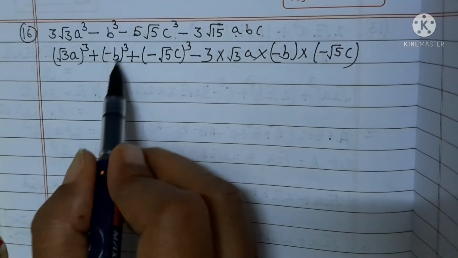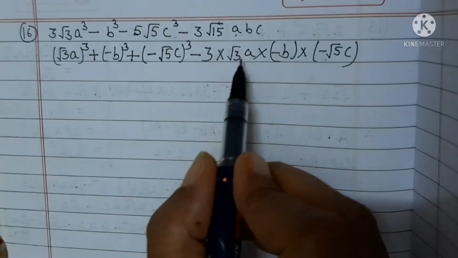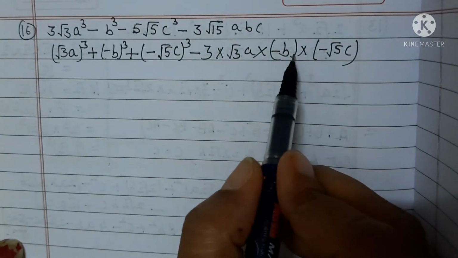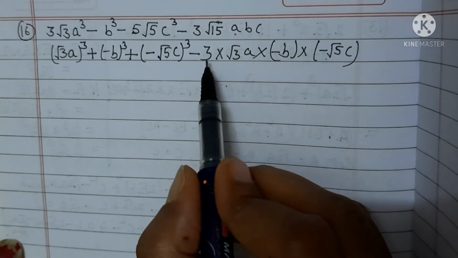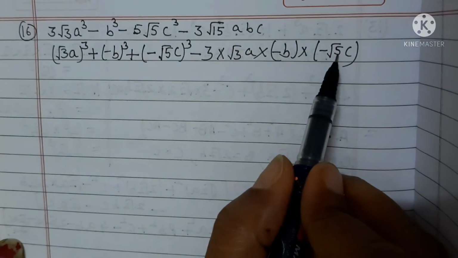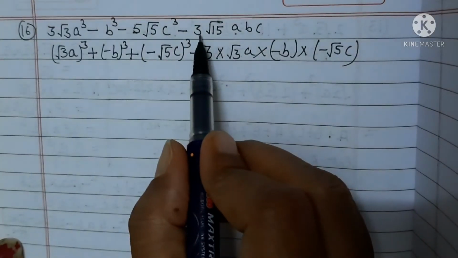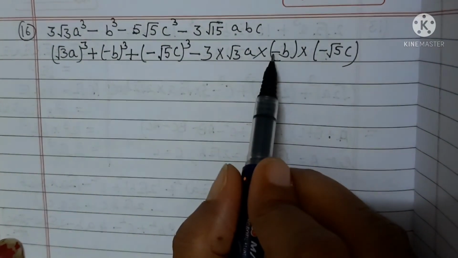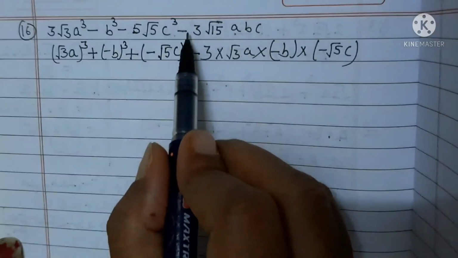Now a³ + b³ + c³ − 3abc, mix this in this part. So 3 and √3 into 5, 3 fives are 15, so 3√15 abc, and here minus minus plus minus minus.